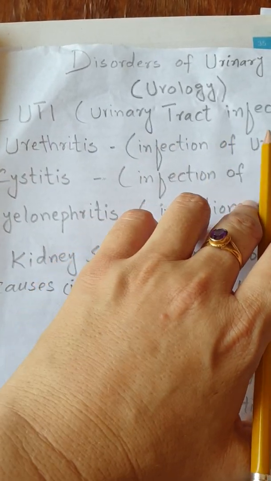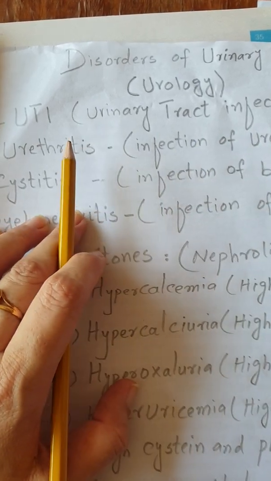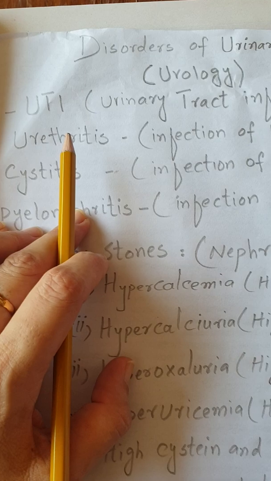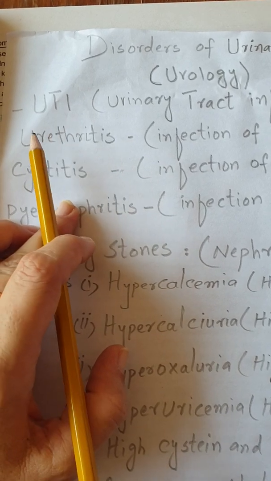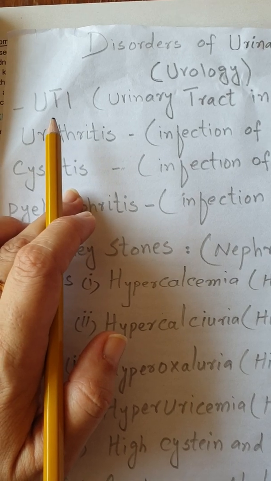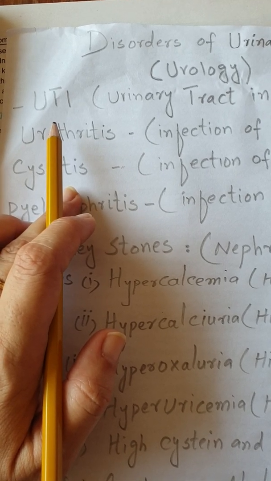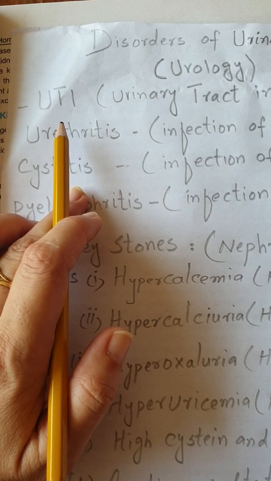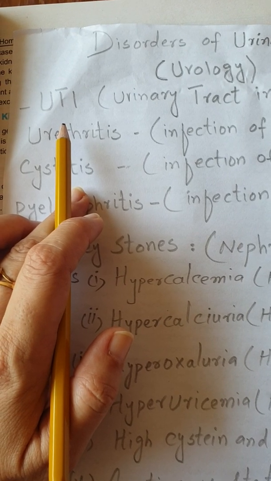Urinary tract infection is mostly common in female as compared to male because of the length or the size of the urinary tract, which is so smaller in male, while that is very large in female.